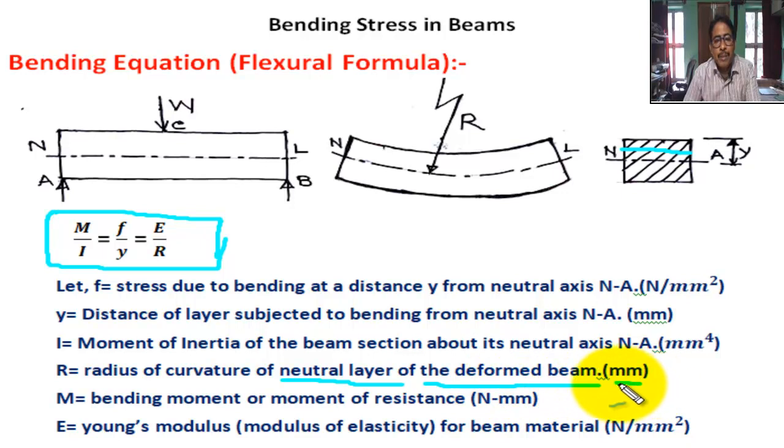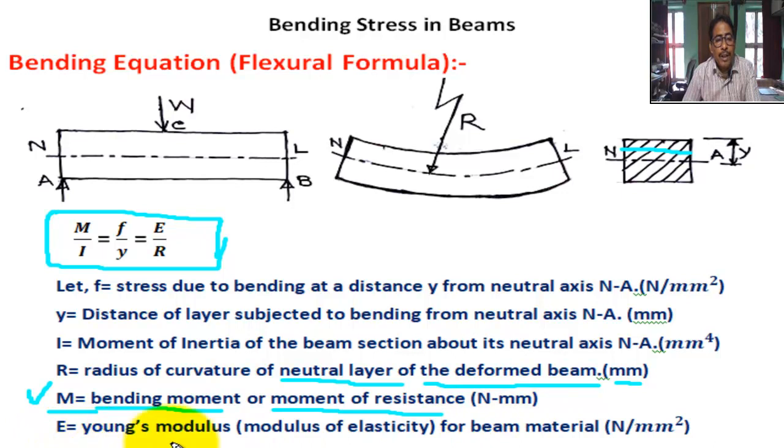Its unit is millimeter. M is the bending moment or moment of resistance due to bending of this portion of the beam due to the action of load W at center. Bending moment or moment of resistance is created. Its unit is Newton millimeter.